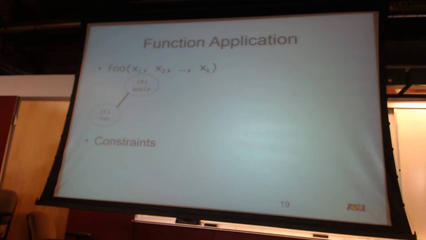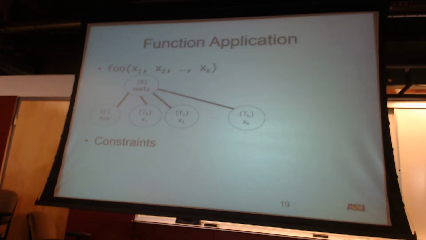Then we have all the input variables as children: x1, x2, x3 up to xk, and each of those children has a type associated with it. So x1 has type t1, x2 has type t2, and so on. That is how we represent a function application.